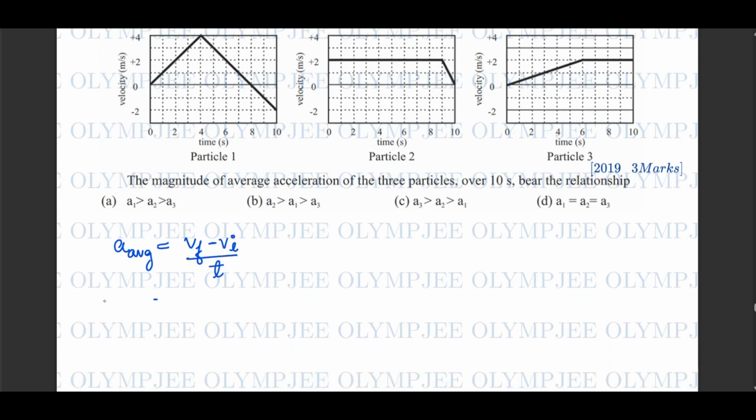For the first particle, the final velocity is minus 2 and the initial velocity is 0, and time is 10 seconds. That gives us minus 2 by 10, and since we are asked the magnitude, it will become 2 by 10.